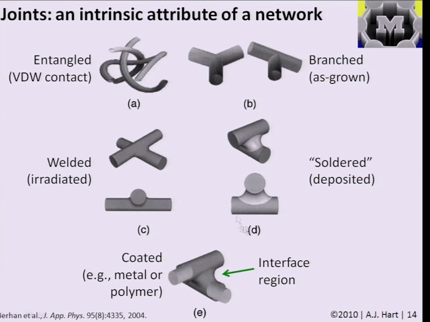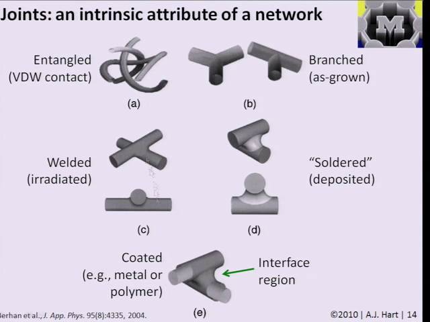Likewise, it's also possible to deposit a metal or another material at the interface between two structures and kind of solder them together. Another case in this category is where we're coating the structures, kind of similar to soldering, but imagine now it's immersed in a polymer or something has been deposited all over the surface, and there the transport is indeed affected by this interface region we have in between.